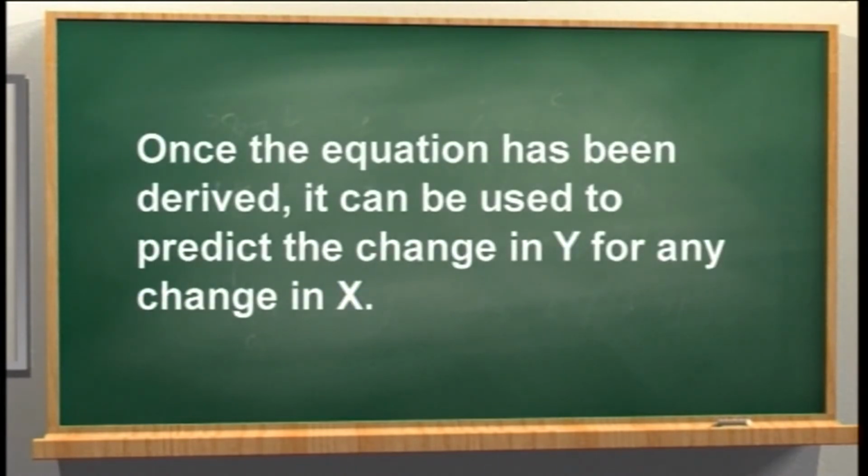Once the equation has been derived, it can be used to predict the change in y for any change in x. It can therefore be used to extrapolate between the existing data points as well as predict results which have not been previously observed or tested.